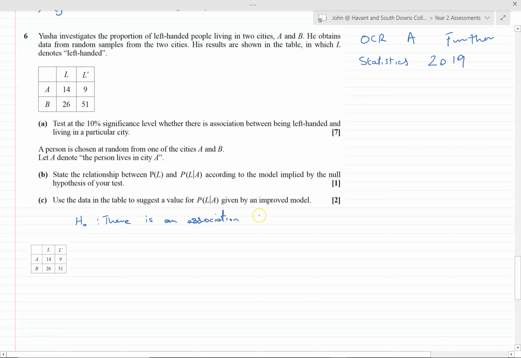So there is no association between the city lived in and left-handedness. Bit of a mouthful, but I think that will do it. And it's okay to abbreviate the next bit by referring to the null hypothesis before. So you could say there is such an association if you want to save a bit of time.